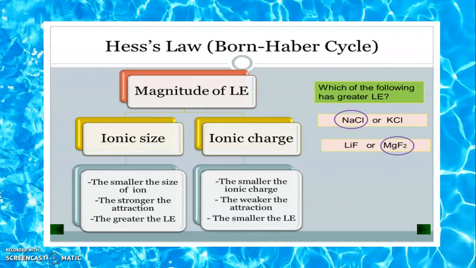So the anions are the same. The anions have the same charge, which is -1, and also the cations have the same charge, +1. So which one is stronger? Which of the compounds has the greater lattice enthalpy?